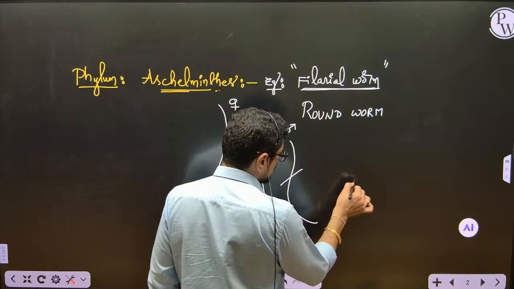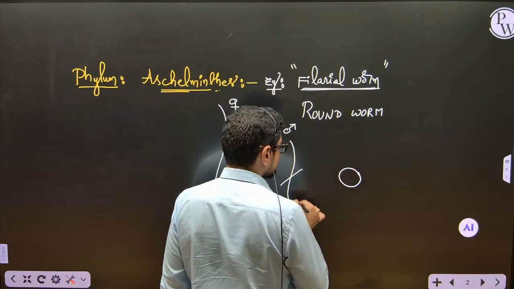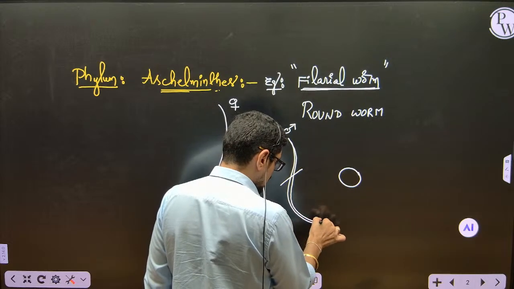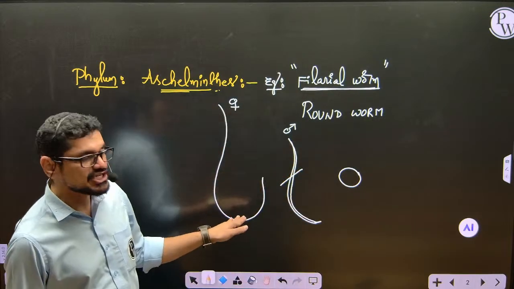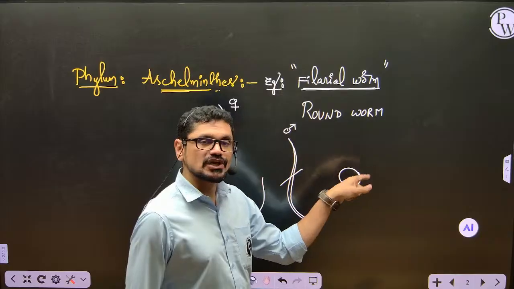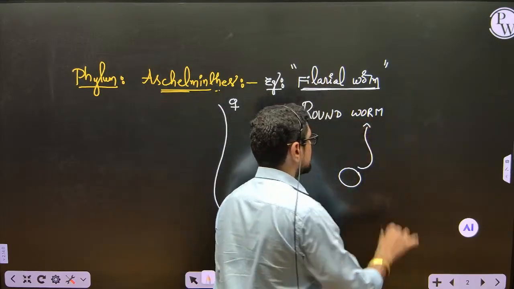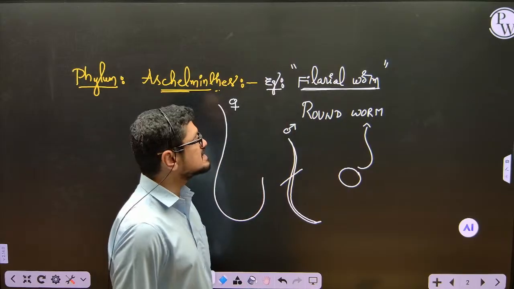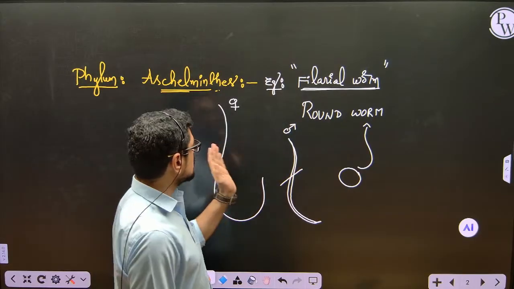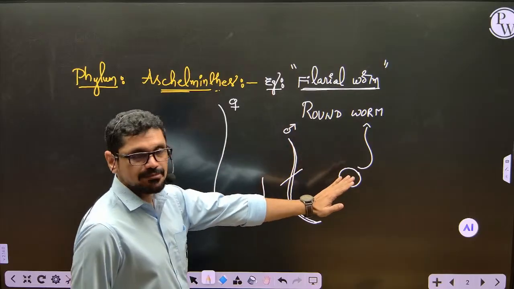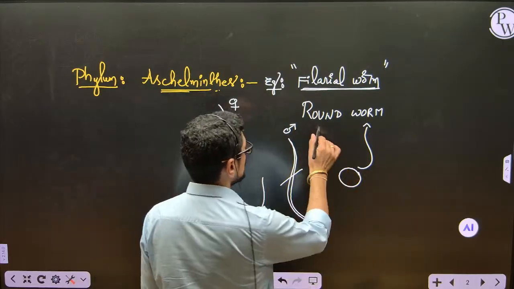If you make a section, the animal appears circular. Imagine this is an animal. Now make a section of the animal and it appears circular or round in cross section. That is the reason why it is called roundworm.